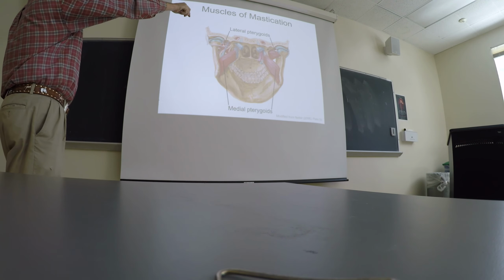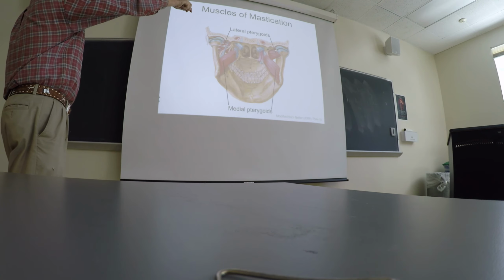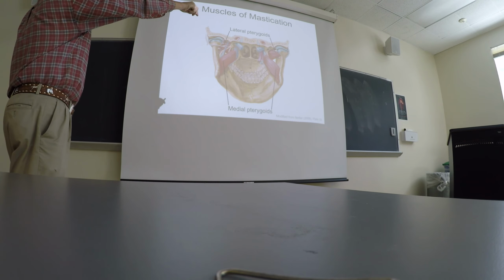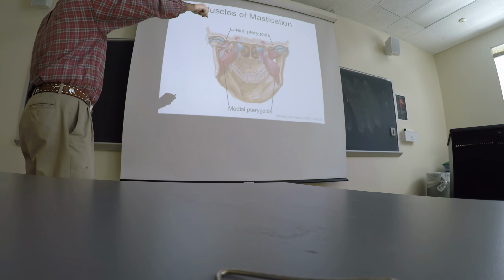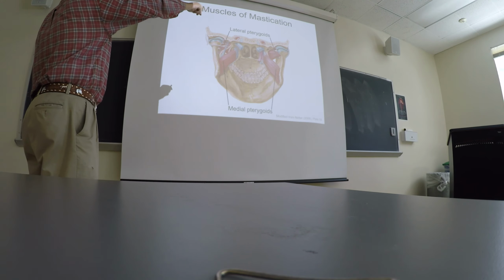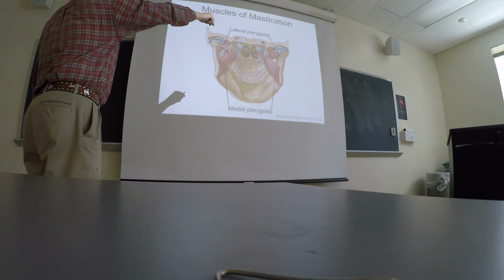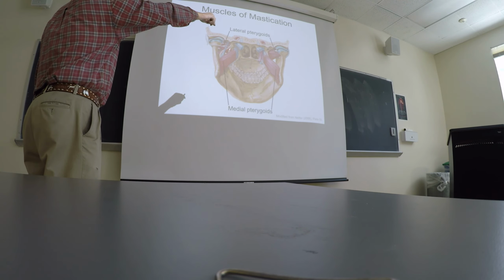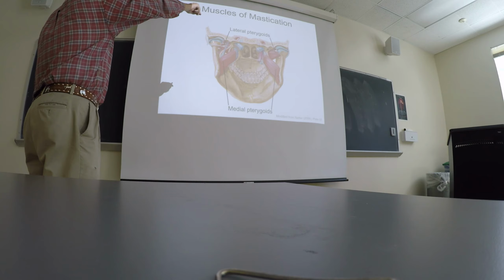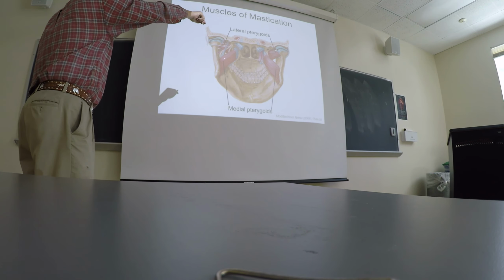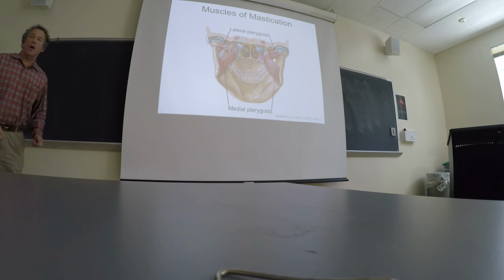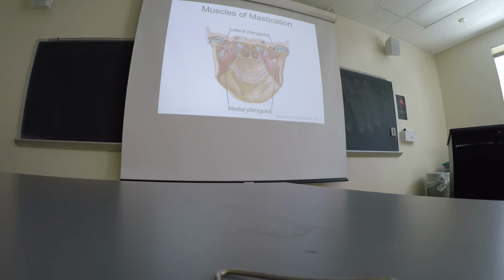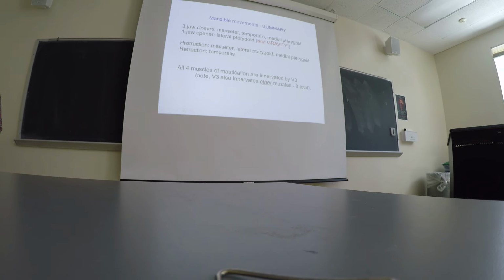Here's your lateral pterygoid out here on the side, and likewise, they have a fairly reasonable medial to lateral direction. So in addition to pulling the condyle forward and helping to protract the jaw and open it, they can also move it a little bit medially or move the other side laterally. And again, all of these are innervated, as we'll see in a few minutes, by branches of the trigeminal V3.